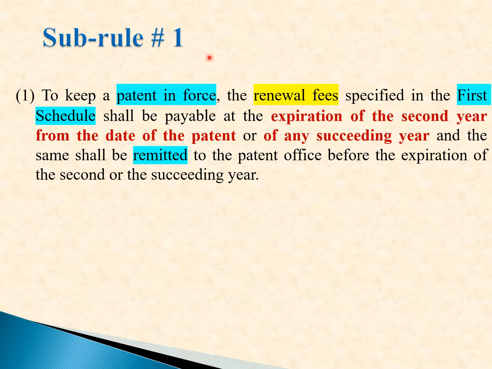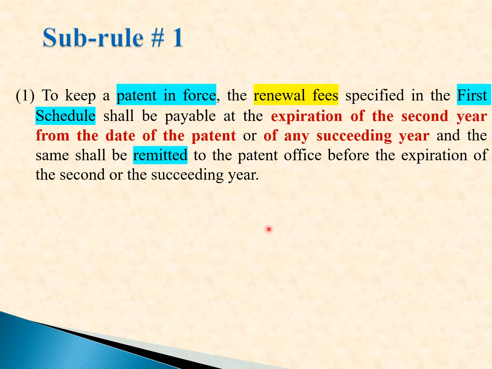Sub rule 1. To keep a patent in force, the renewal fees specified in the first schedule shall be payable at the expiration of the second year from the date of the patent or of any succeeding year, and the same shall be remitted to the patent office before the expiration of the second or the succeeding year.